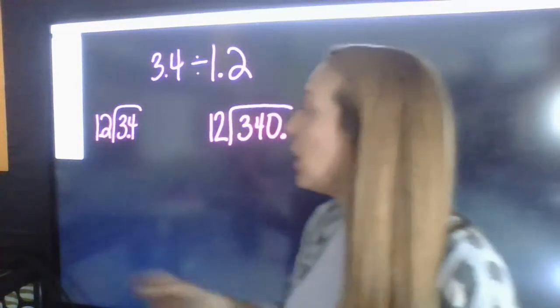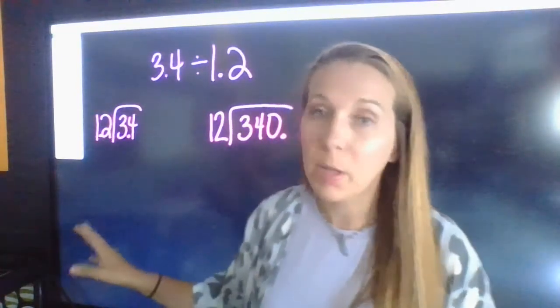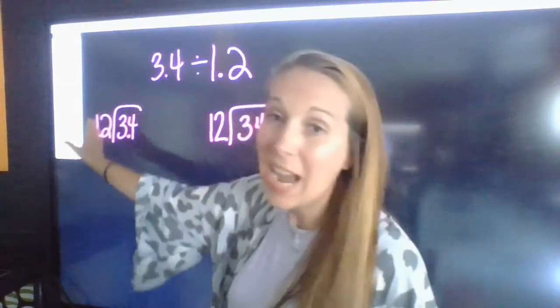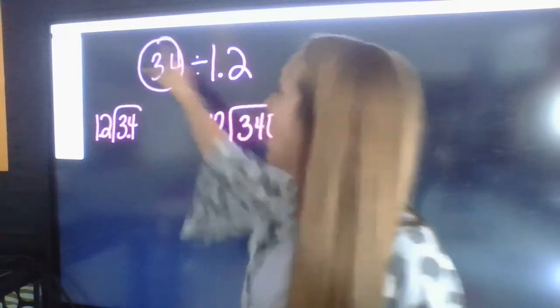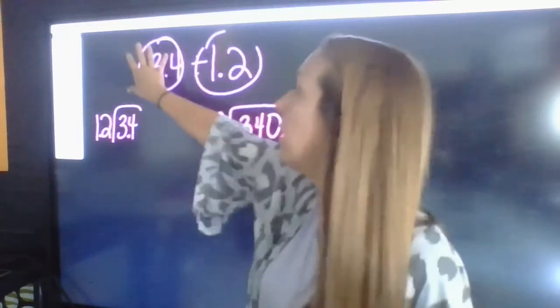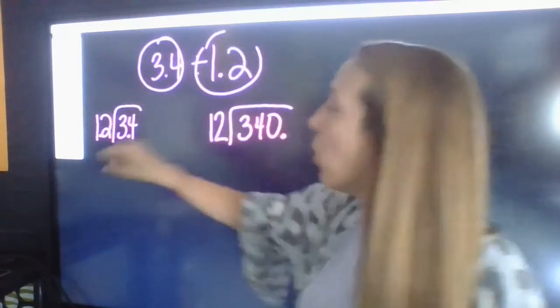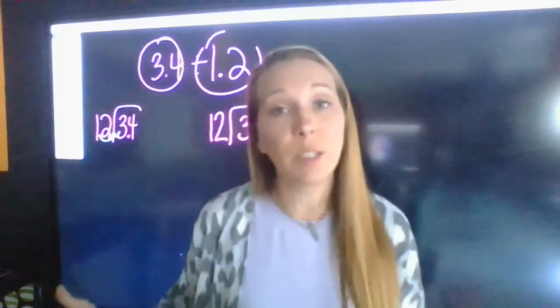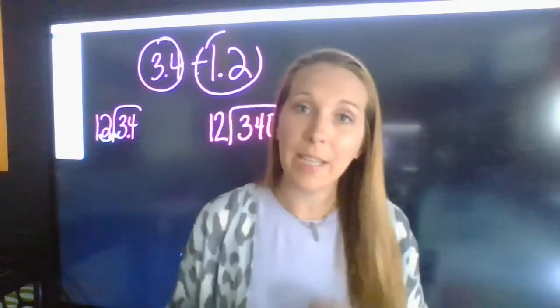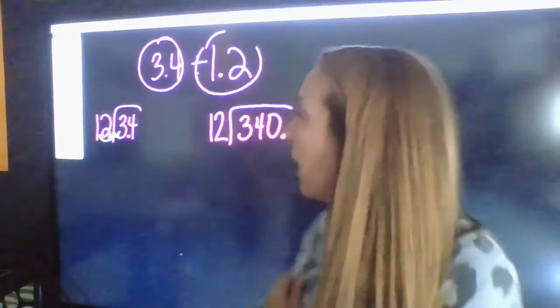With division, we again need to make these whole numbers, but we start with our divisor or our part. So remember, this is our total. This is our part. This is our dividend. This is our divisor. We're going to make this divisor a whole number. So we're going to move it out, which means we're actually going to multiply it by 10. When you move that place value 1 time, you are multiplying by 10.